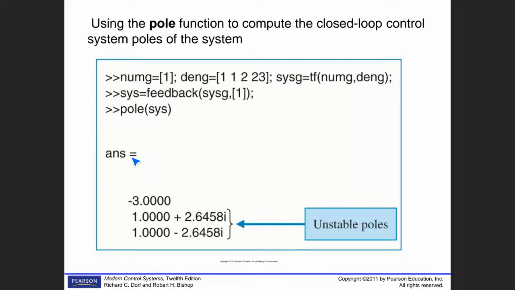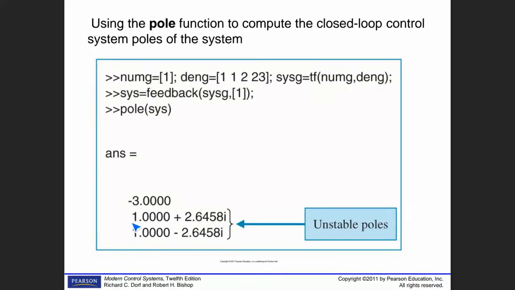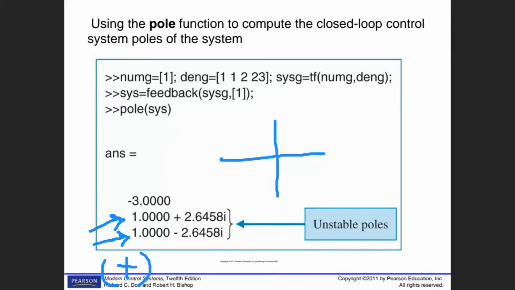So you can see that one pole is at -3, but the other poles are complex. However, look at the sign of that one, which is positive. That means one of the poles is located somewhere there, and the other one is somewhere there.